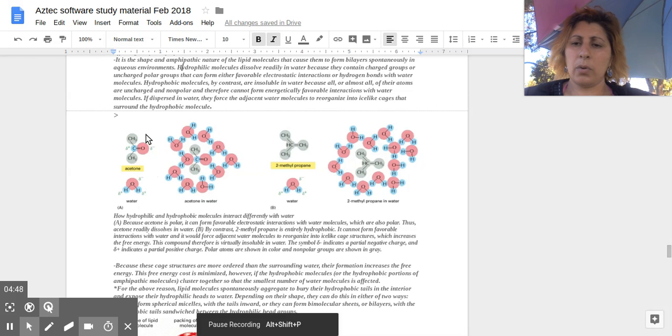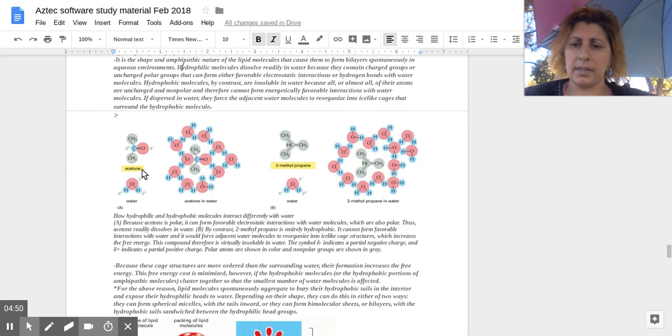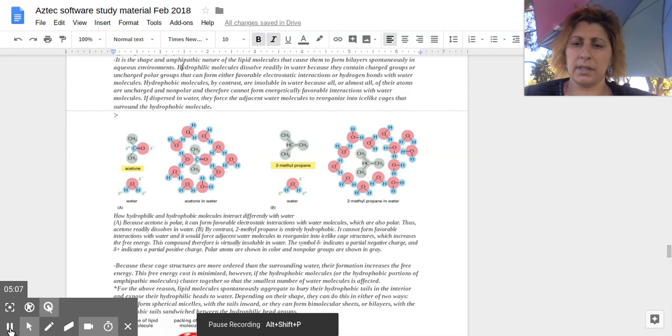So here you have a polar molecule as an example, acetone, which has polarity because it has an oxygen group, and water, which is H2O. The polarity of the acetone causes it to disperse evenly within the water and interact in a favorable way.